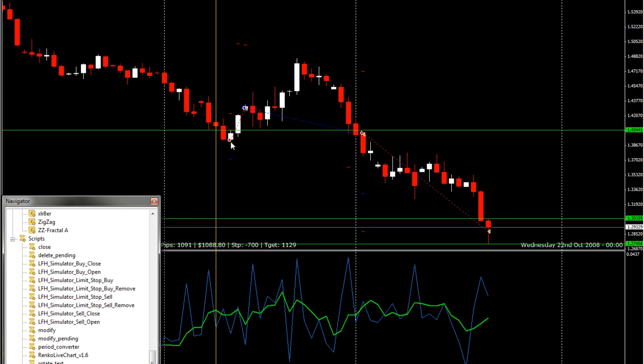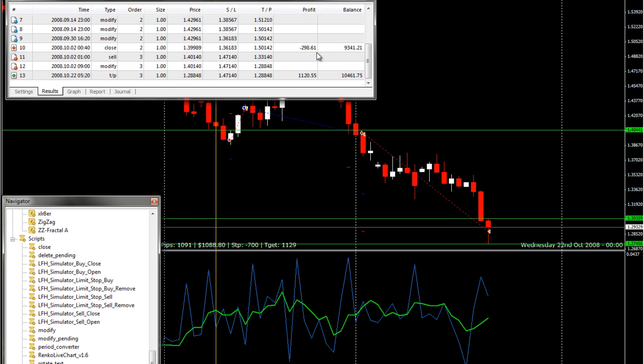Now the target here was 220 pips, because at the time this was the average of the range. So the first question would be, is this correct according to your rules? And the first loss was 360 pips.